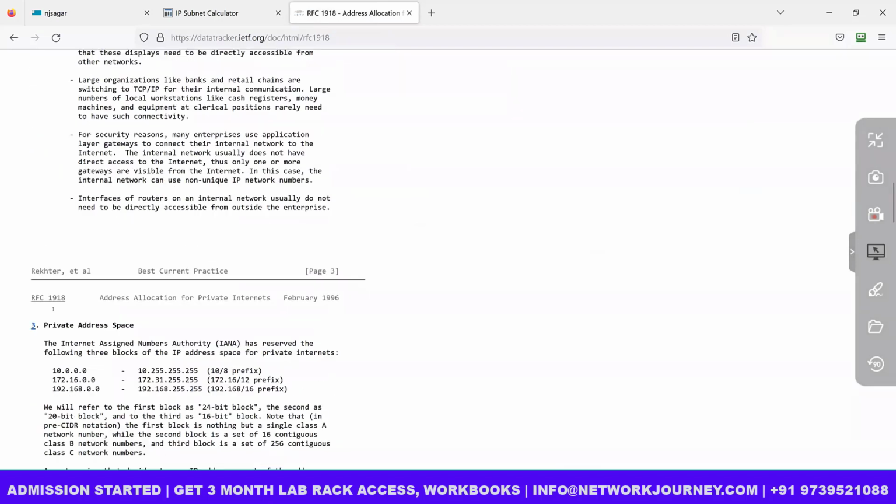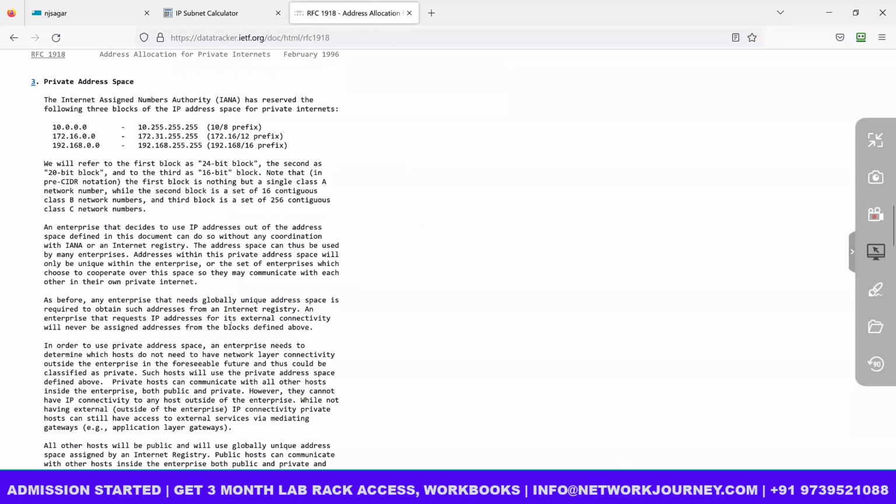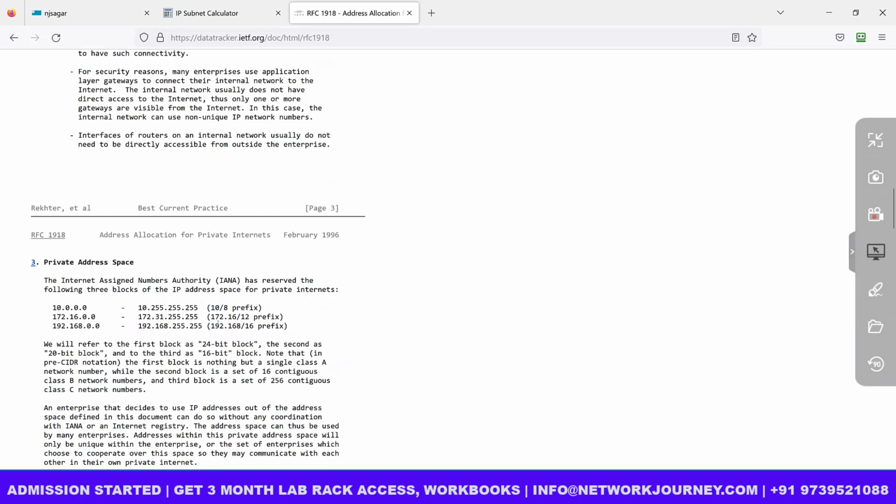See, these are the three blocks. As I told you, each class will have one block. Definitely, this will have a bigger block. You see that it has one complete block dedicated for that.